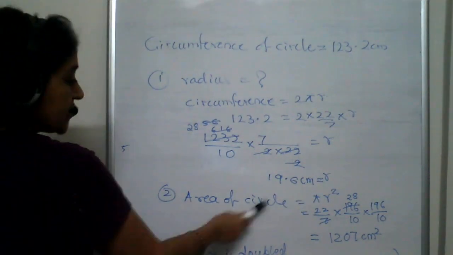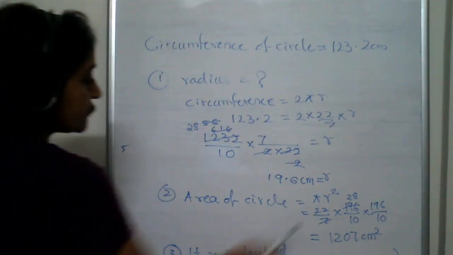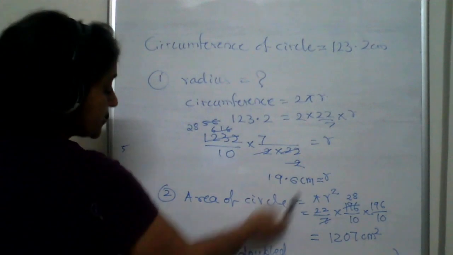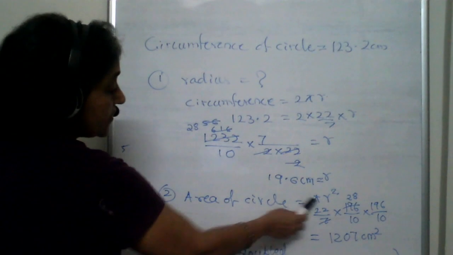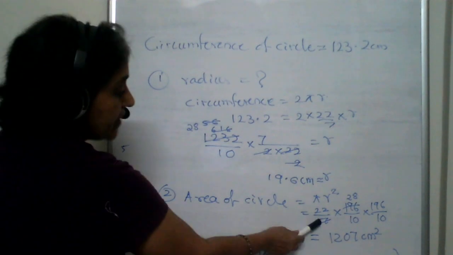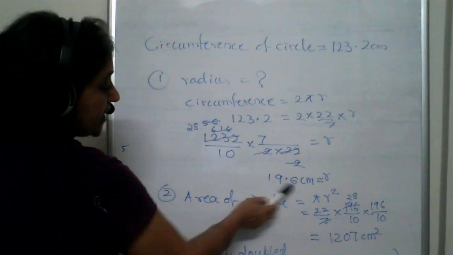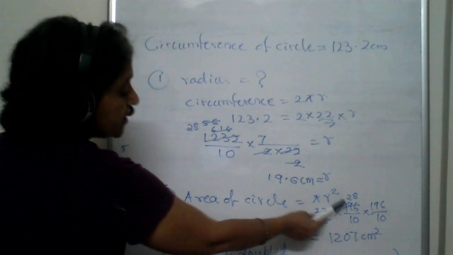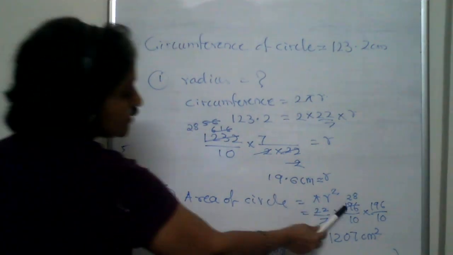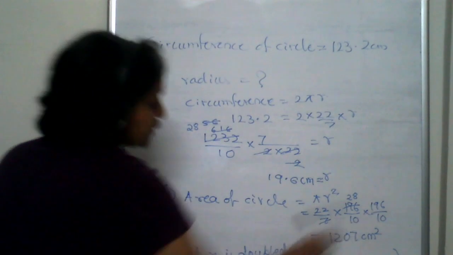Now, the area of the circle. How do we calculate the area of the circle? The area of the circle will be pi r square. Pi value you know, r you know, that is 19.6, but I have kept it in fraction, that is 196 upon 10 into 196 upon 10.